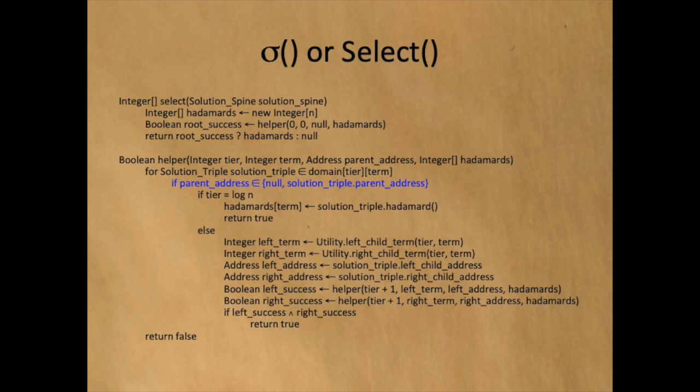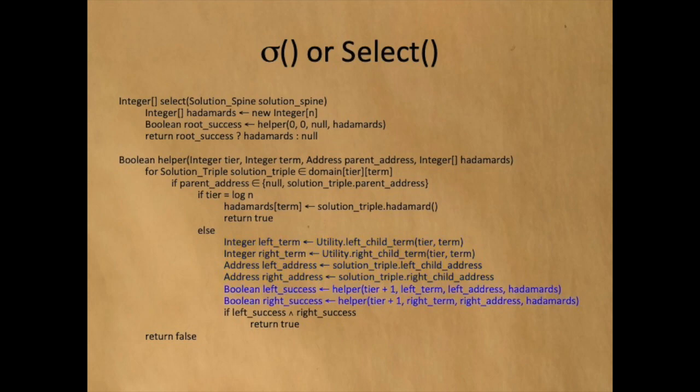Within the loop, there are two main cases. If the tier is the bottom tier, or log n, then the function records the Hadamard value and returns true. The function found a Hadamard value for this particular node. Otherwise, we compute left term, left address, and right address as shorthands for the recursion.